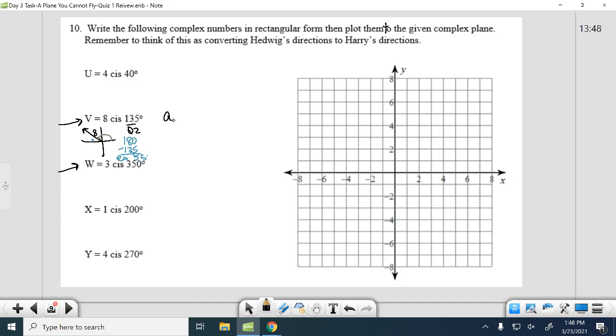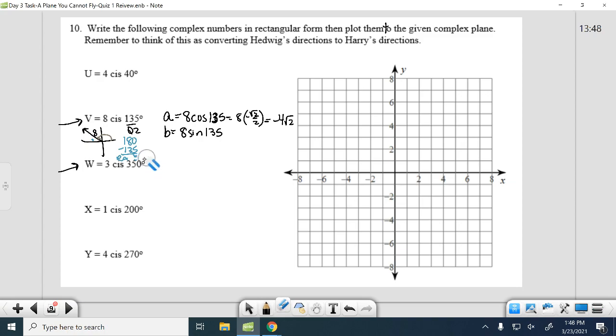So our a value, the horizontal, works out to be r times cosine of theta, and cosine of 135 degrees is the square root of 2 over 2, but it needs to be negative because I'm in quadrant 2. And this simplifies to give me -4 multiplied by square root of 2. Our b value is going to be 8 sine of 135, or you could use your reference angle.